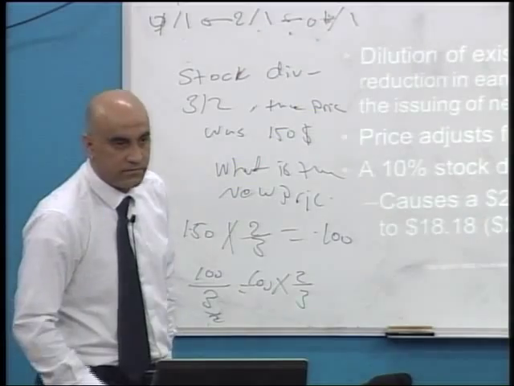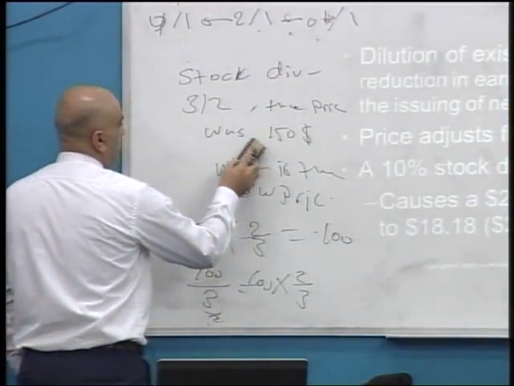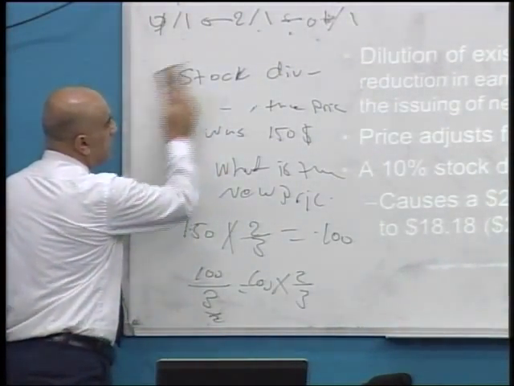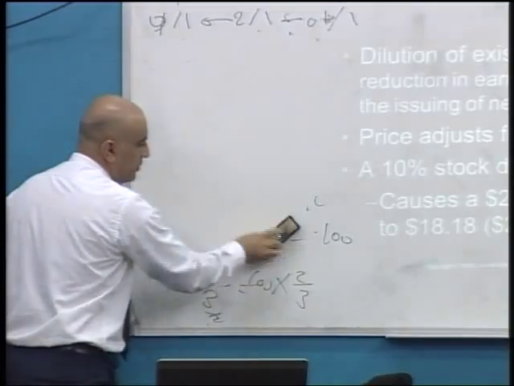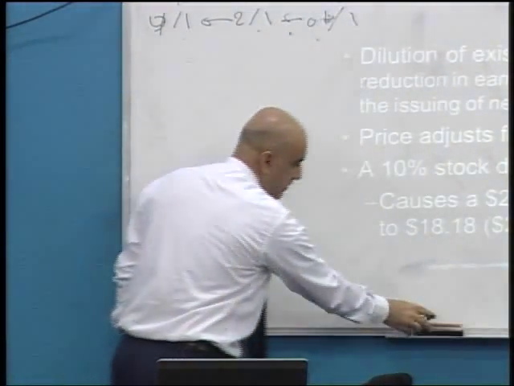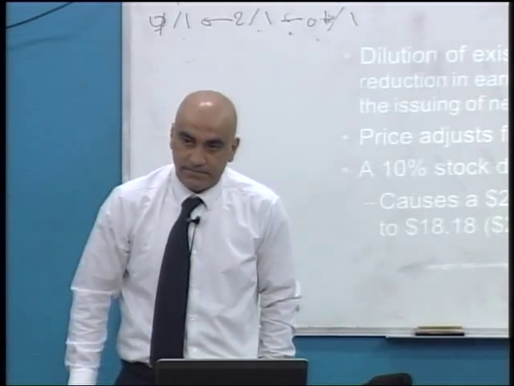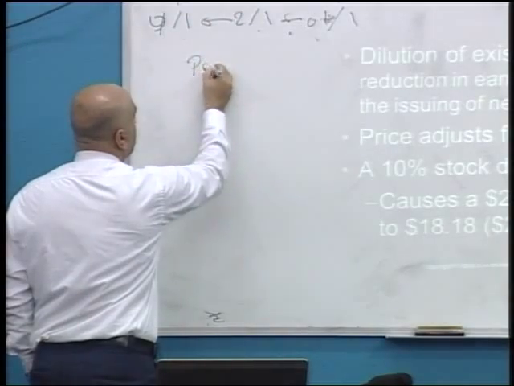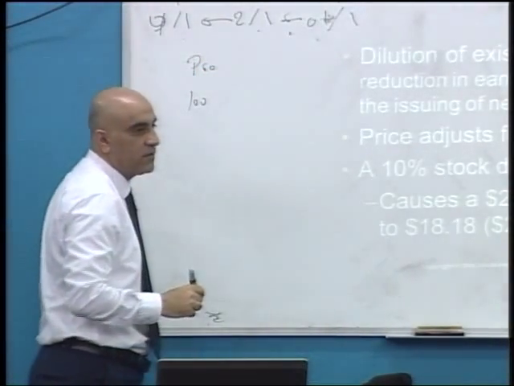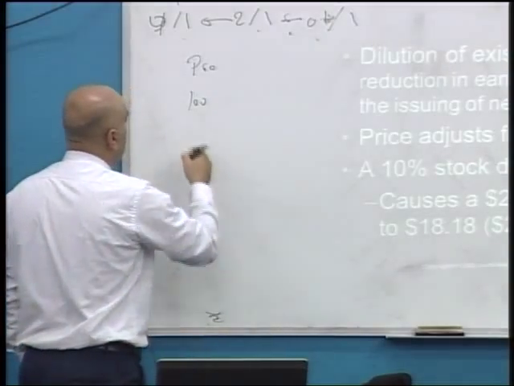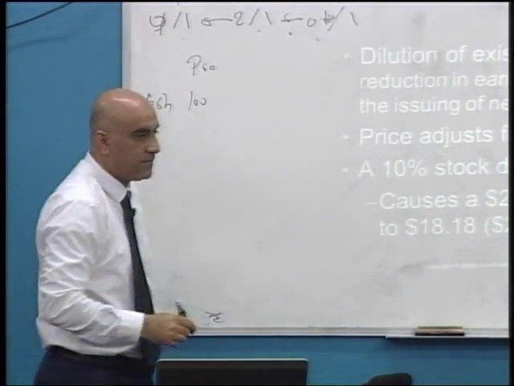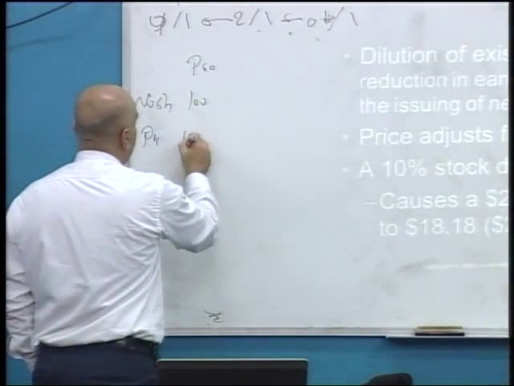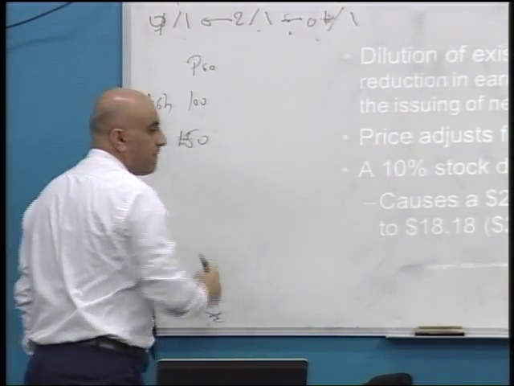Let's take another example. Now we'll take another example, but considering the number of shares. The number of shares outstanding was 100, and the price was, let's see, 150.